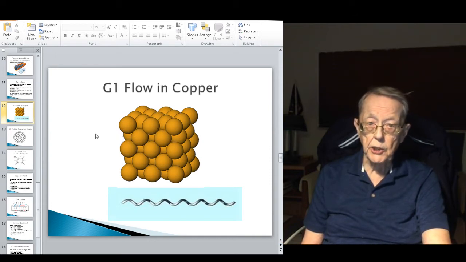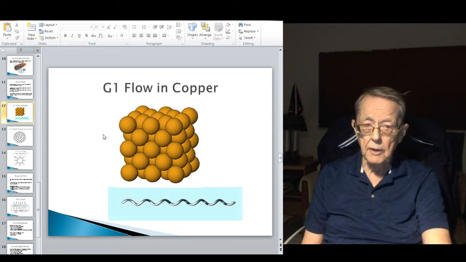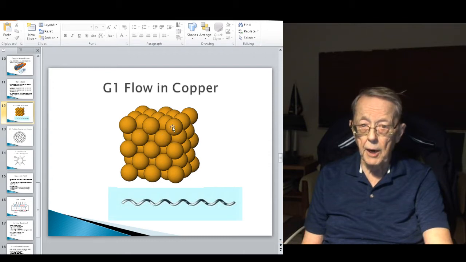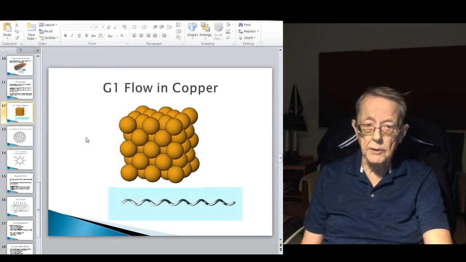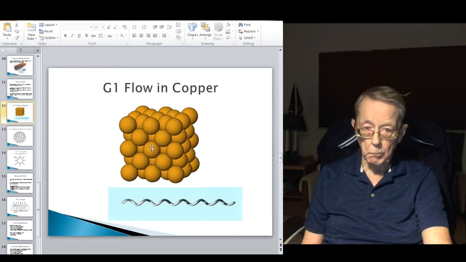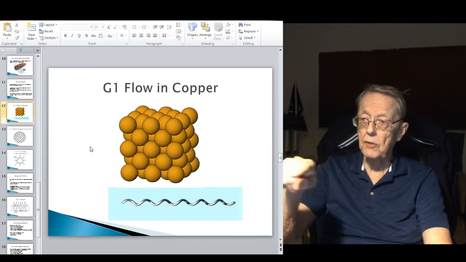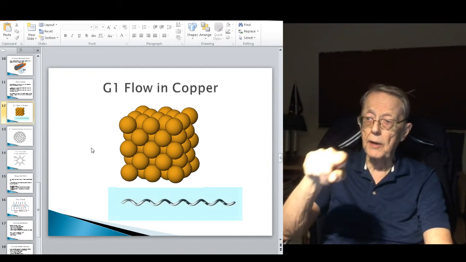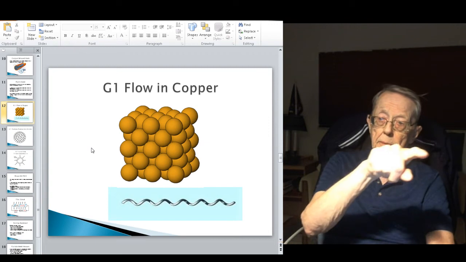So as a G1 particle comes through, it would be attracted towards this one, and then this one, and then this one, and this one, going up and down. As it goes through, it might go down and then up and then down and then up. Either way, in a vertical sense, it is snaking through vertically, down and up, down and up, down.